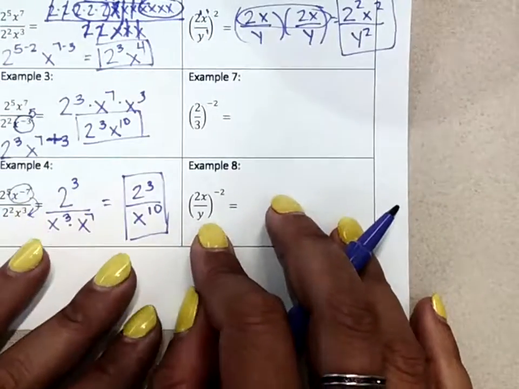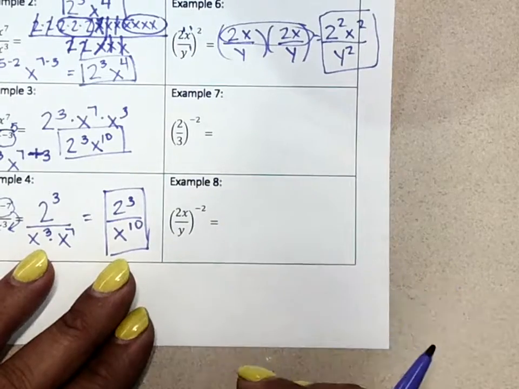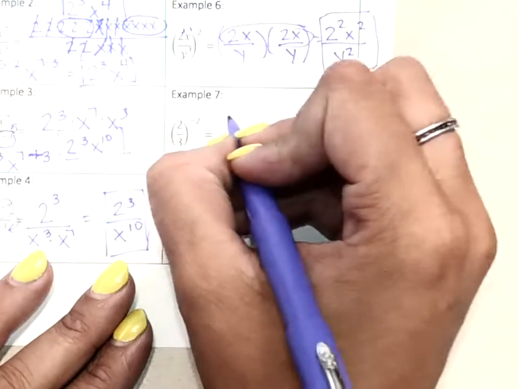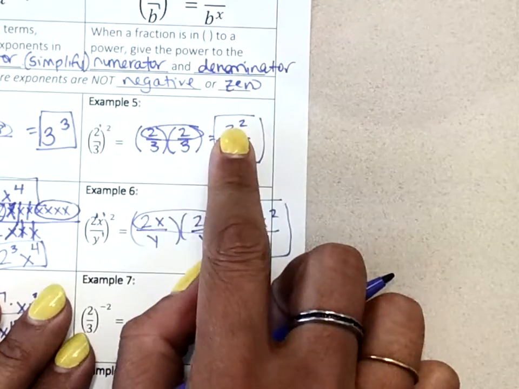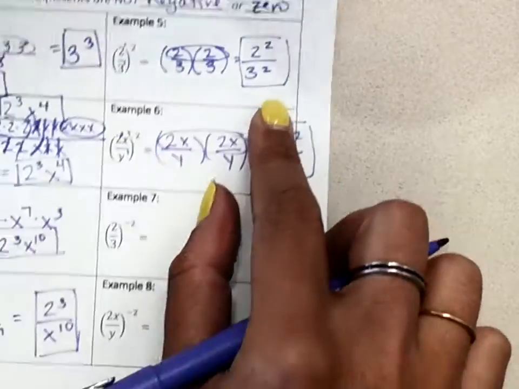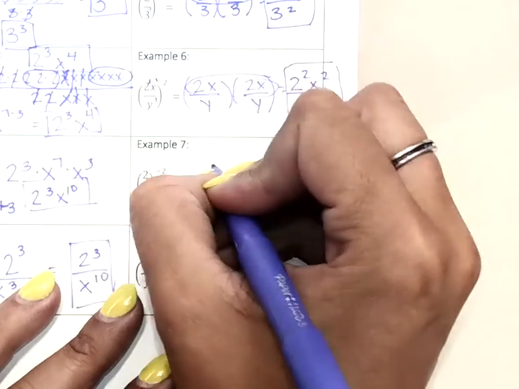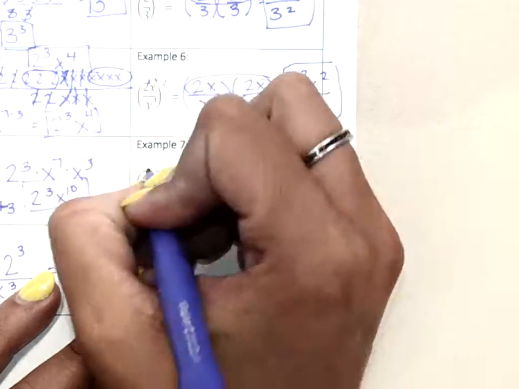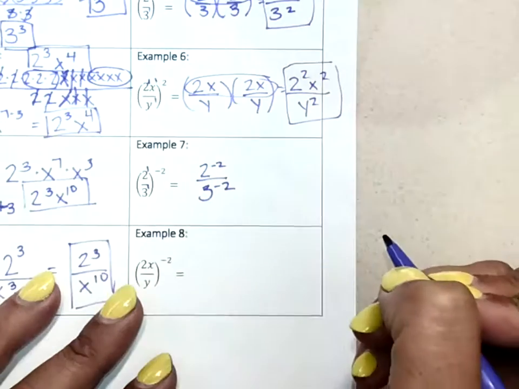In example 7, we are now going to deal with negative exponents. So for this, we know that it simplifies to 2 to the second and 3 to the second. But now it's negative, so it's 2 to the negative second power and 3 to the negative second power, because if we multiplied, negative 2 times 1 is negative 2 for both bottom and top.